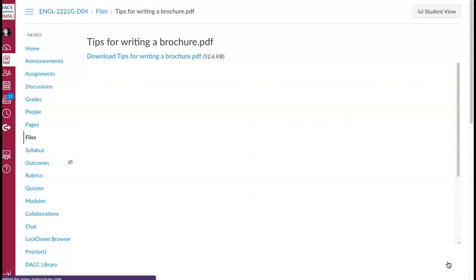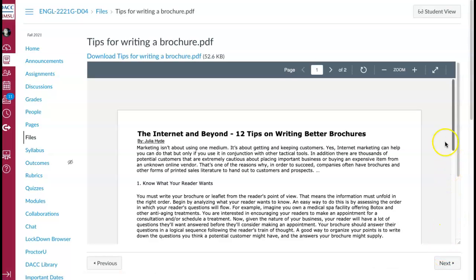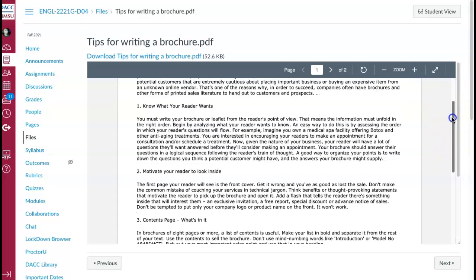Next in the module, we have some tips for writing a brochure, so definitely make sure that you read these. A lot of the tips are based on audience, so make sure that you know who your audience is. You also want to make sure that the information is easy to read. I'm not just referring to short and direct language; I am also saying that the design has to work.